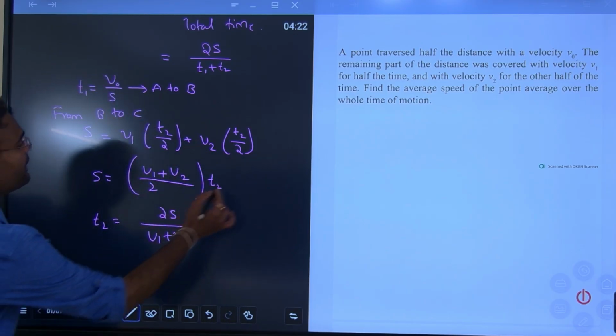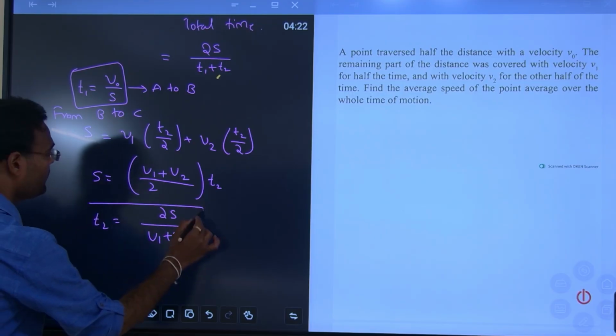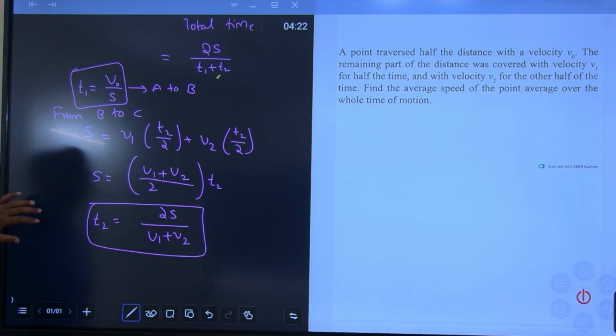And see here, we had already seen that T1 is equal to S by V0, T2 is equal to 2S by V1 plus V2.